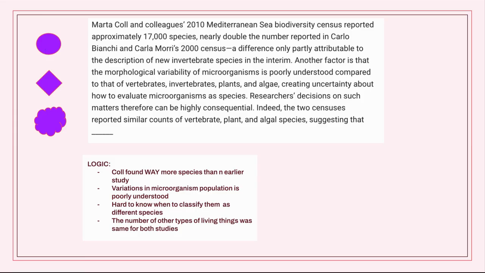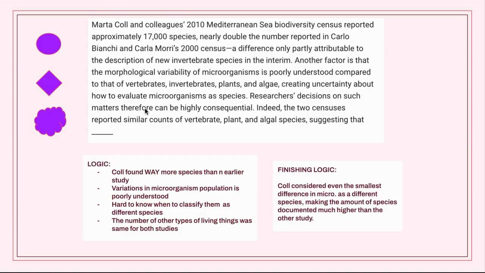So they didn't necessarily find anything new. They're just more particular, like any small difference is going to be a new species, which is probably why they found so many more species than the earlier study. So if I had to finish the logic, I'd say Cole considered even the smallest differences in microorganisms as a different species, making the amount of species documented much higher than the other study.